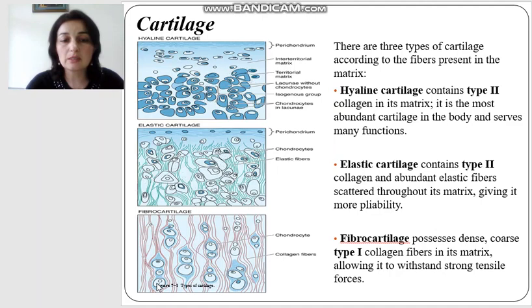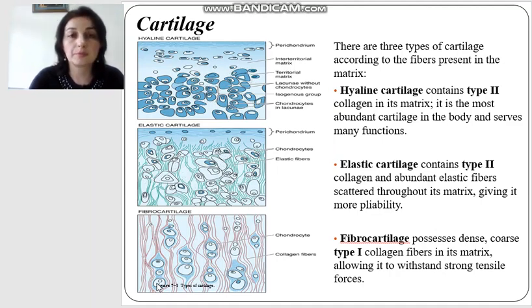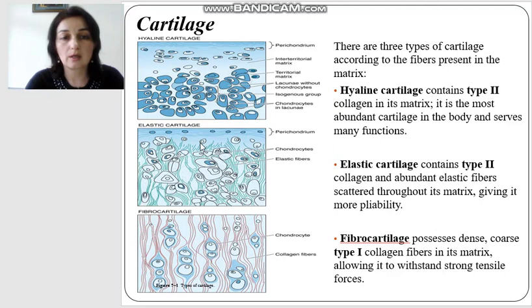And problems in this composition of the cartilage may lead to hernia of the disc, which may then compress the spinal nerves which course through those regions and cause strong pain.